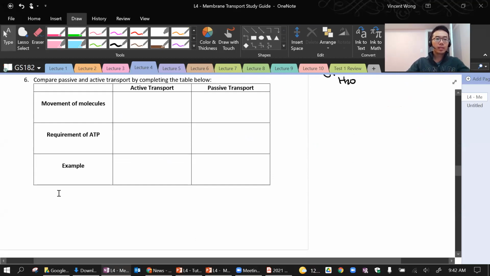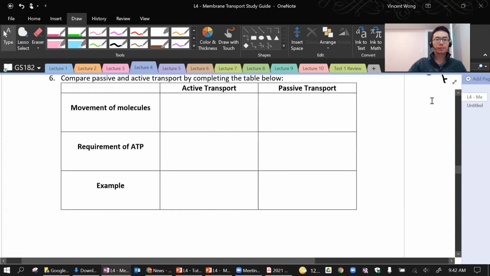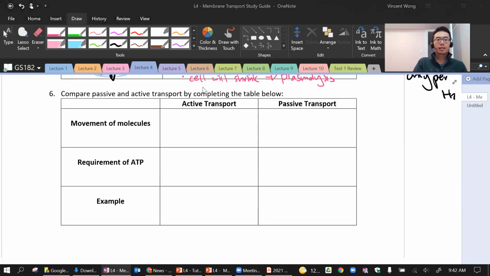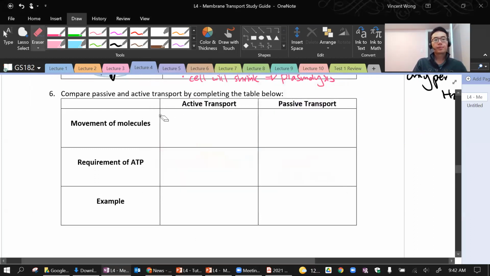All right, next we have compare passive transport and active transport. Let's start with the left side. Active transport. So in active transport, the movement of molecules goes from low concentration to high concentration. So this is against the concentration gradient.